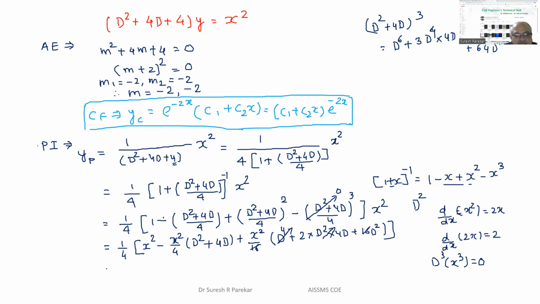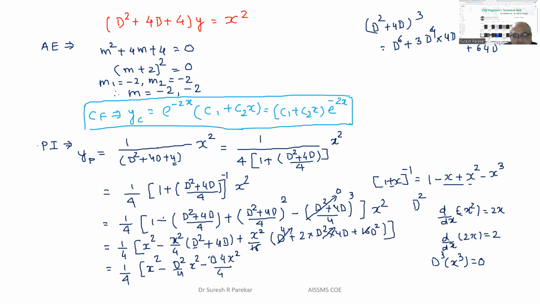And now we can solve this, equal to 1 by 4 in bracket x square as it is, minus now D square with x square. So we can write D square by 4 x square, and then minus D into this 4, so 4x square upon 4.